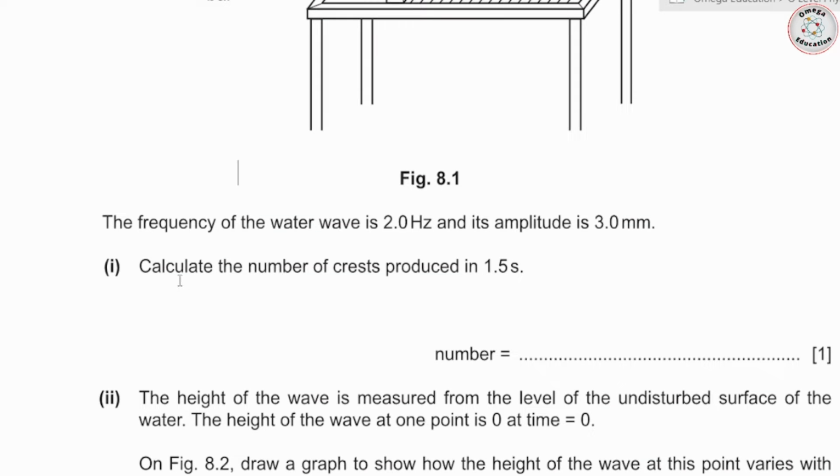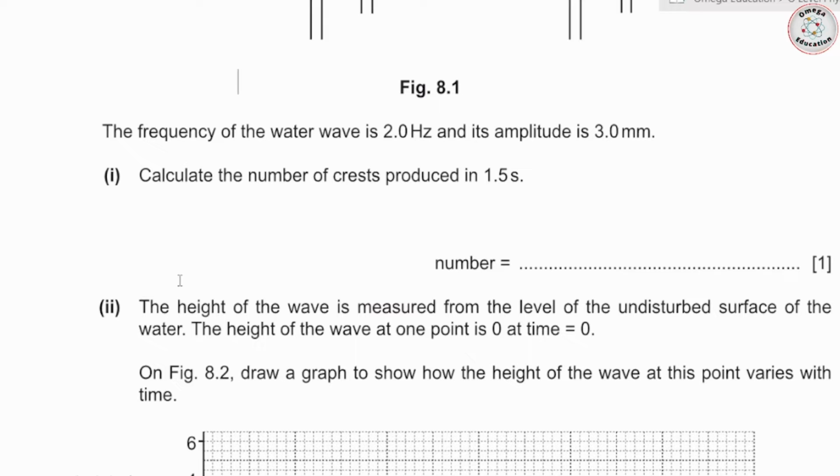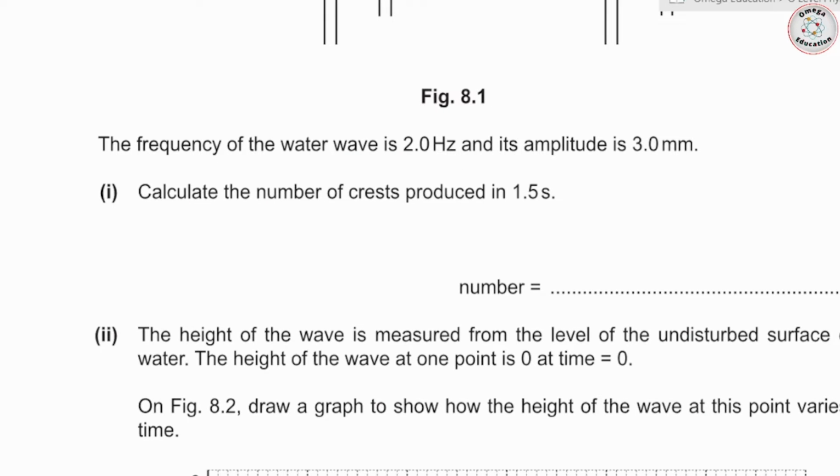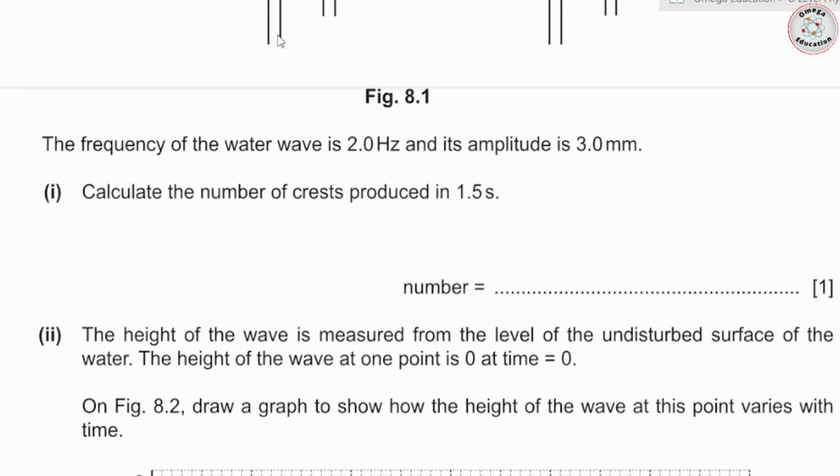The frequency of the water waves is 2.0 hertz and its amplitude is 3 millimeters. So the frequency is 2 hertz and its amplitude is 3.0 millimeters.